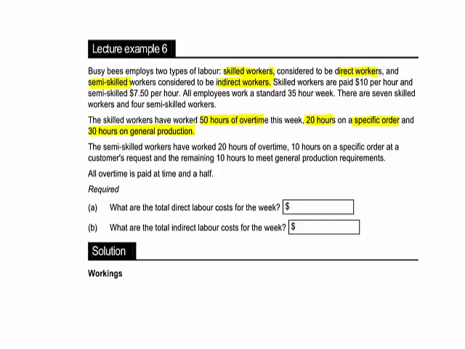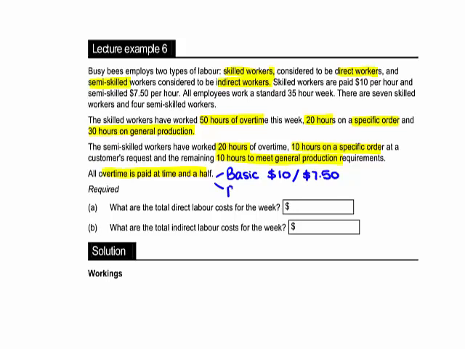The semi-skilled workers then have also done some overtime, 20 hours, 10 hours on a specific order at the customer's request, and 10 hours to meet general production requirements. And overtime is paid at time and a half. So that time and a half then is going to be the basic element of their basic pay of $10 and $7.50 depending on their skill level.